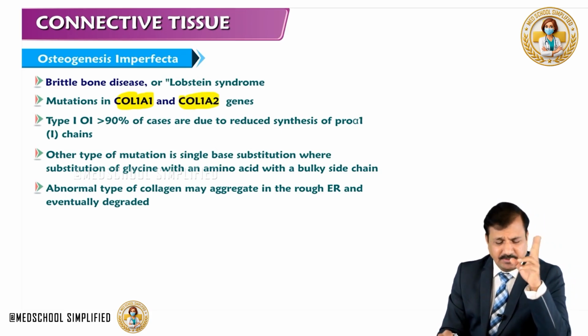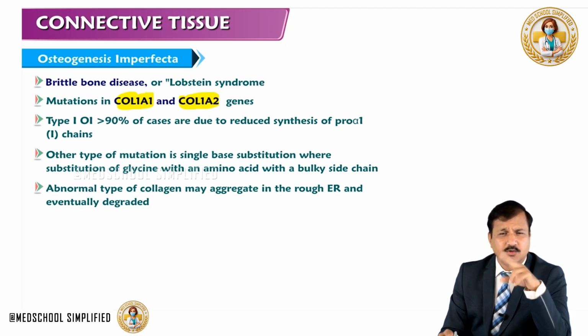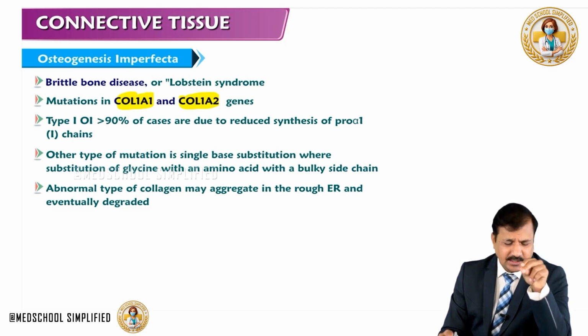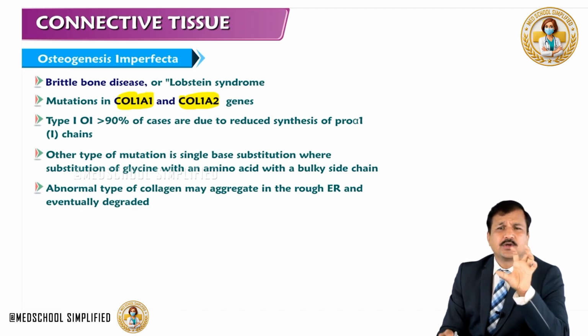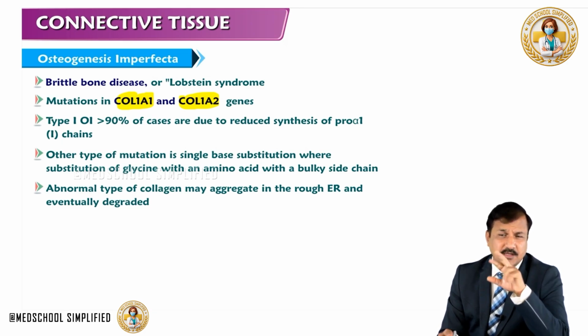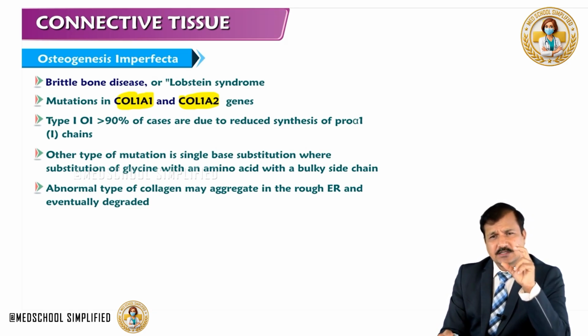As I was explaining before in the table, COL1 indicates type 1 collagen, A1 indicates alpha 1 chain, A2 indicates alpha 2 chain. So the defect here is COL1A1, COL1A2. Basically, the type 1 collagen gene is mutated, especially for the alpha 1 chain and alpha 2 chain.